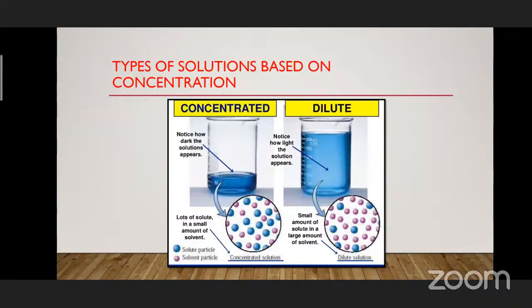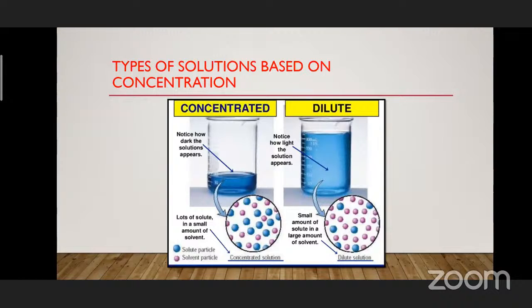And how can we come to know? Suppose it is a colored solution, we can identify the solution based on its color. If it is a concentrated solution, its color would be intense, that means it would be darker in color.